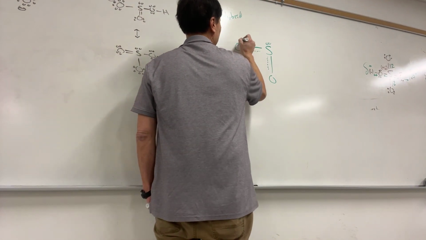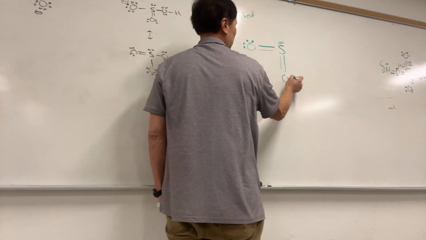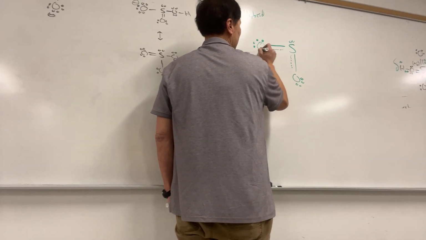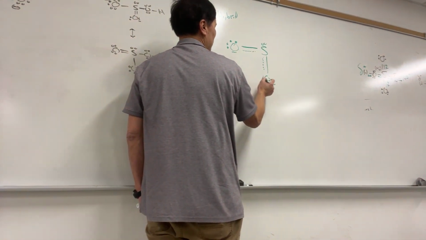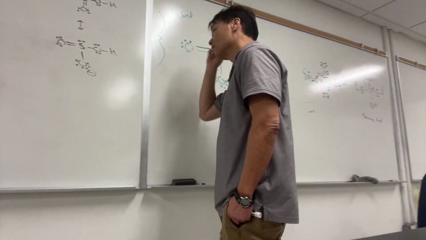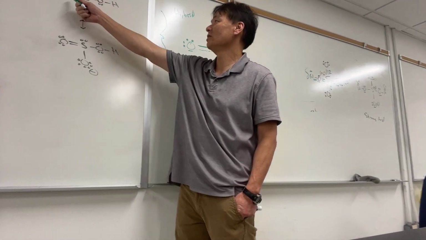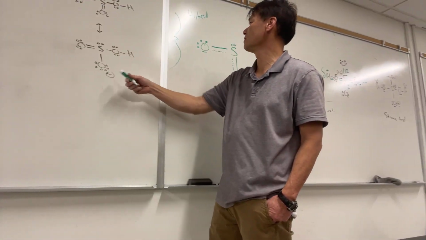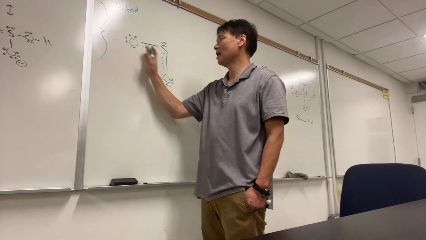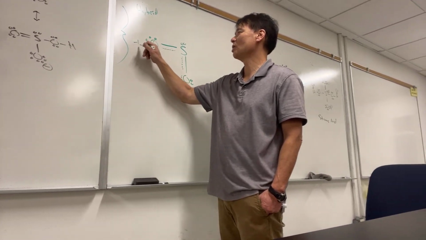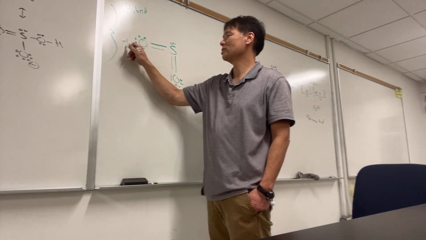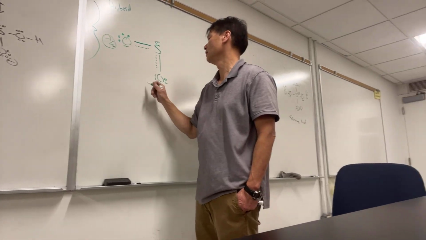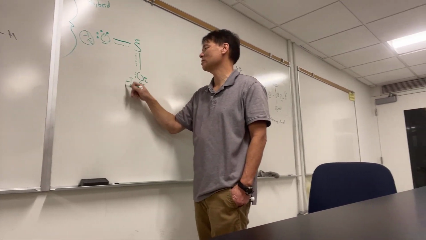There will be 2 lone pairs that are on this. And then these extra lone pair will be spread out. And so we don't have a negative charge on this one, jumping to a negative charge on this one. It's going to be spread out over both. So it's a -1 charge divided by 2 oxygens, so it's a -1/2.